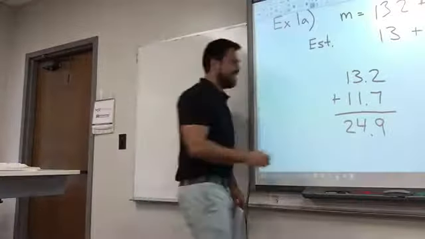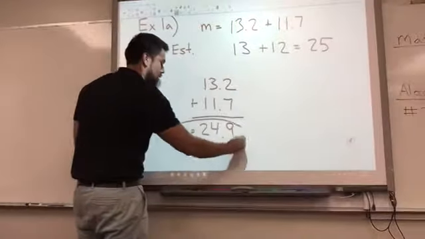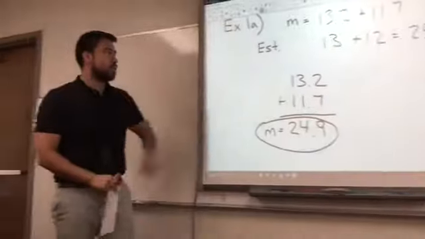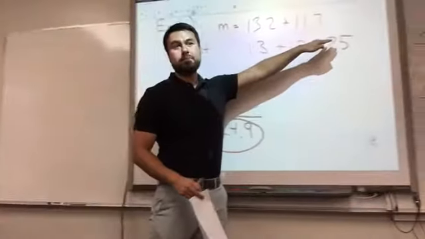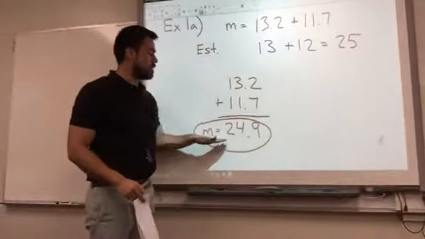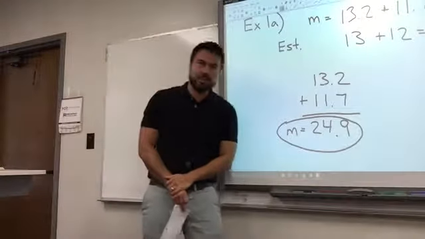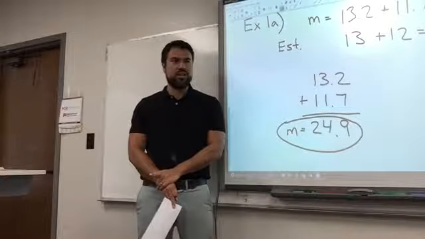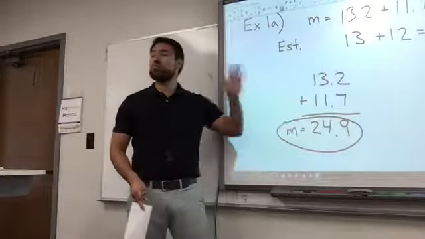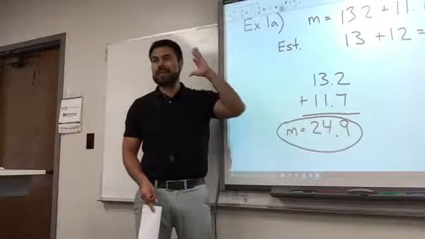Sorry, Nick? M equals 24.9. That's what I want. So, again, do we have to write the estimate out? No. But I do it so that I can check my actual with the estimate. Now, let me ask. Is my estimate close to my actual and vice versa? Yes, they're very close. So it's reasonable. That means it makes sense.